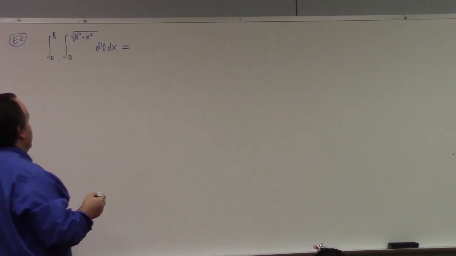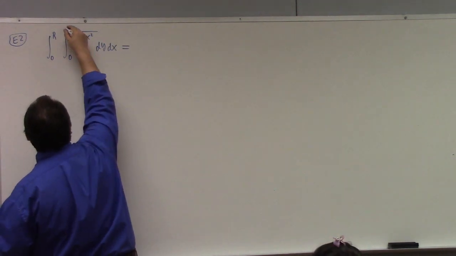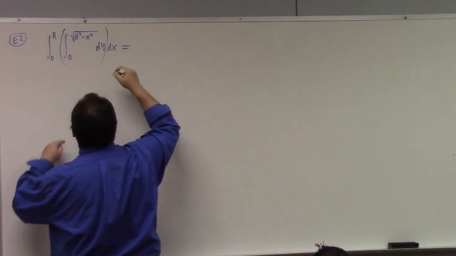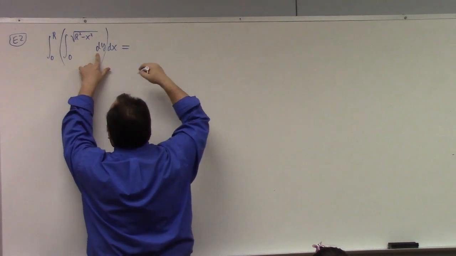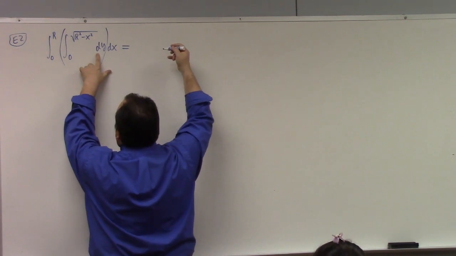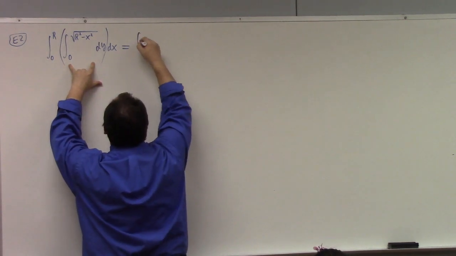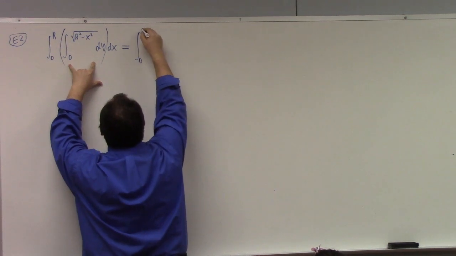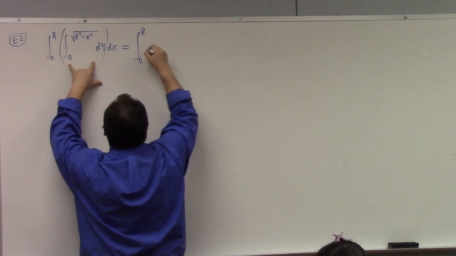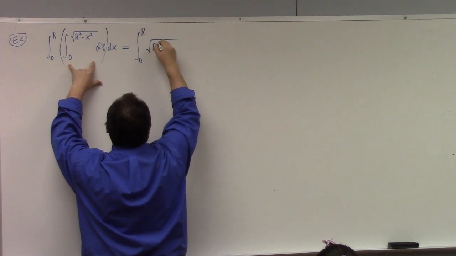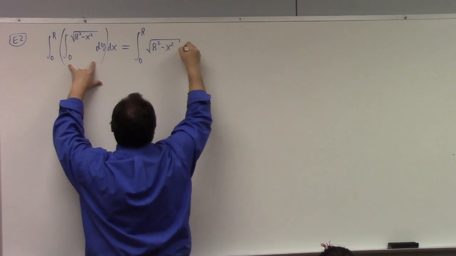So this is relatively easy. What do we do? We do the inside integral first, right? So what happens when you integrate dy? You just get y, right? So this inside integral just does what? Is it okay if I don't write down all the steps this time? This one just integrates to the square root of r squared minus x squared dx.